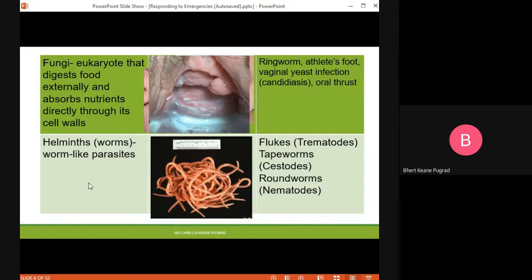So examples of your parasitic worm, you have your flukes or your trematodes, your tapeworms, or your cestodes, and your roundworms, or your nematodes. Okay, yung mga bulate natin noon, nung bata tayo. Okay, so those are forms actually, no, of infection at yun yung problema sa mga bata.